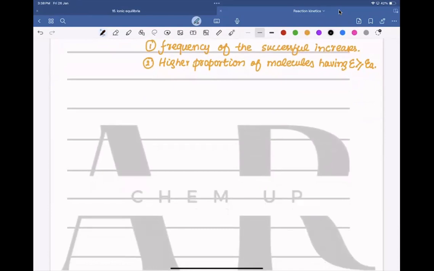Now, the first factor which can affect the rate of reaction is concentration. For concentration, we usually use two terms.